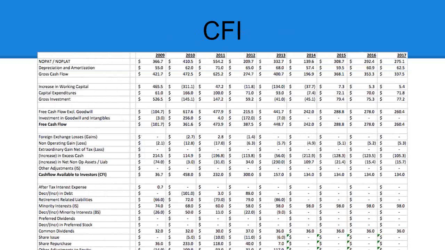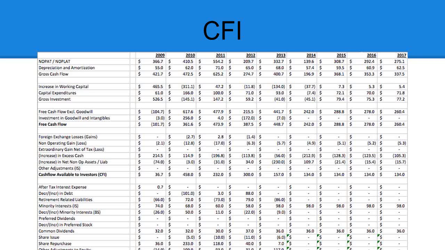And this is our CFI statement, and you can see in 2014, the CFI starts to decrease drastically. I believe this is because from 2013 to 2014, the NOPAT/NOPLAT decreases, and this causes the gross cash flow to decrease as well.